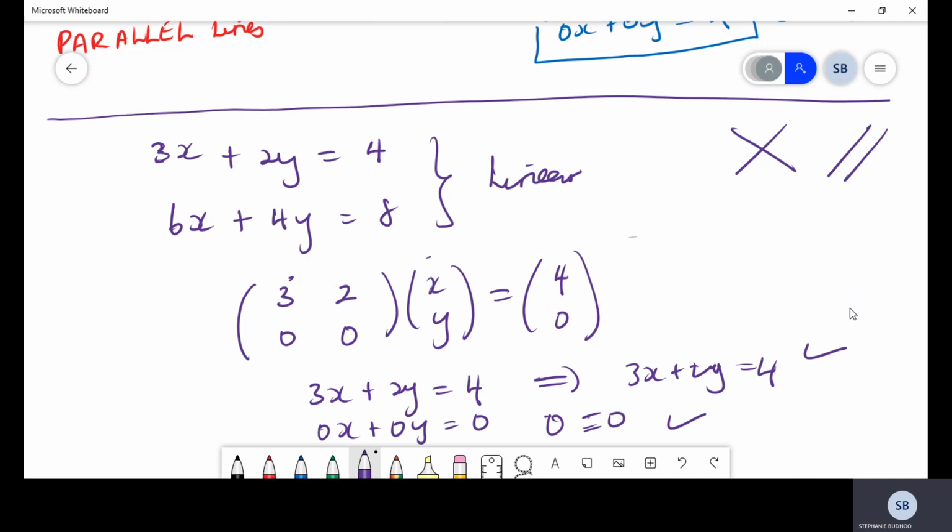So therefore, what's happening here in this case is that we have a situation where you have two lines that seem to coincide, or they actually lie one on top of the other, right? Where there's an infinite set of solutions because the lines are coinciding.